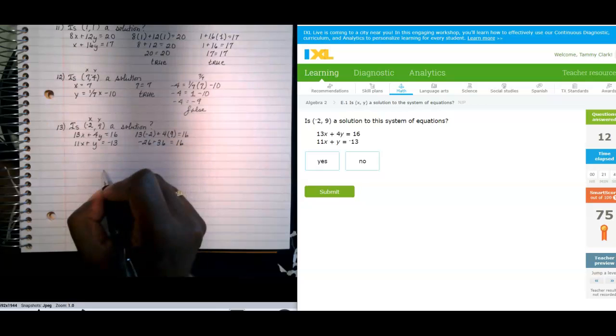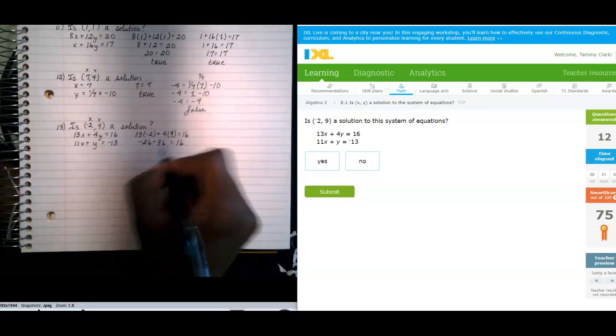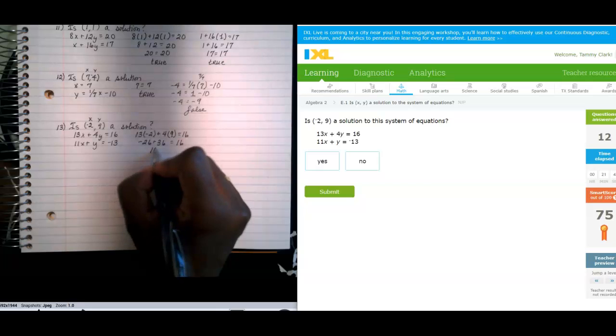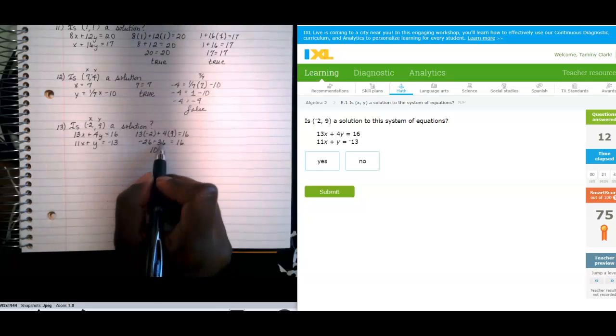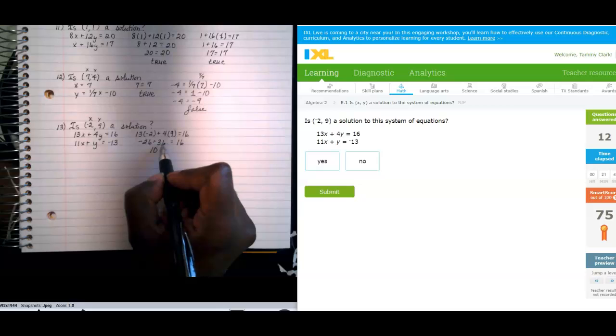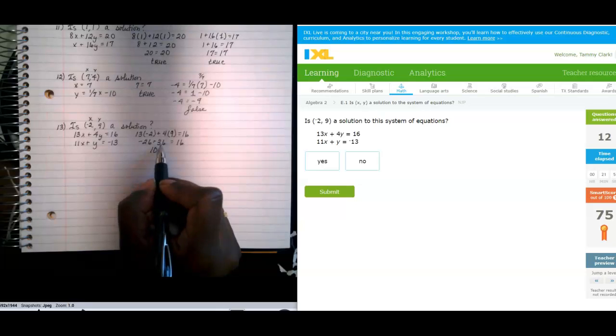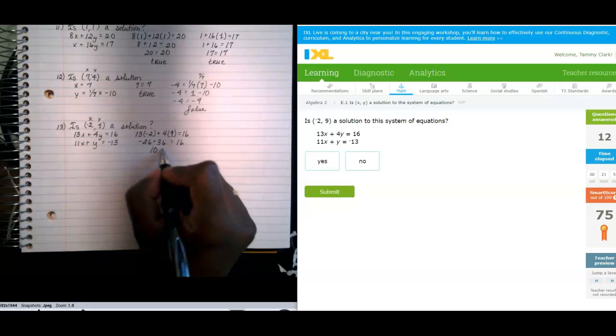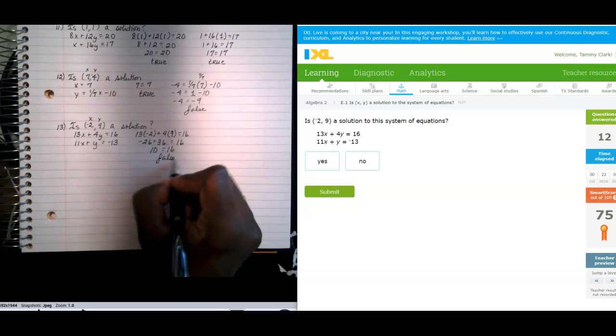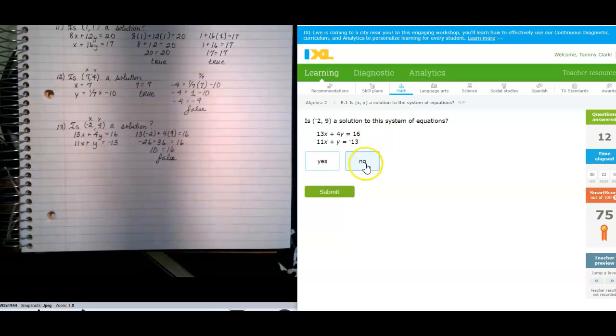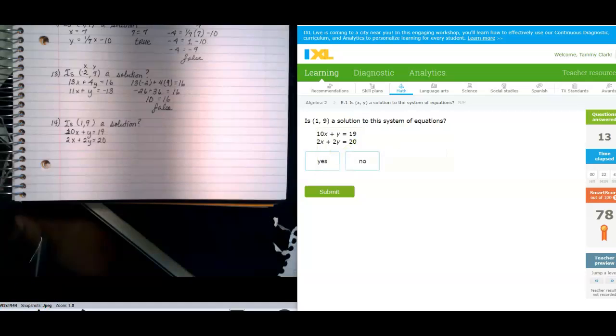Well, -26 plus 36 is 10, because we subtract these two numbers and 36 is larger. So I know that when I subtract 36 minus 26, I get 10. 36 is the greater number, so I leave my answer positive. And 10 does not equal 16. That is false. So no, ordered pair (-2, 9) is not a solution.